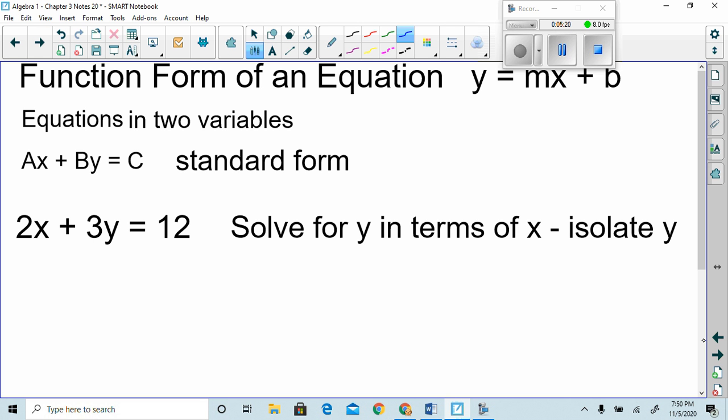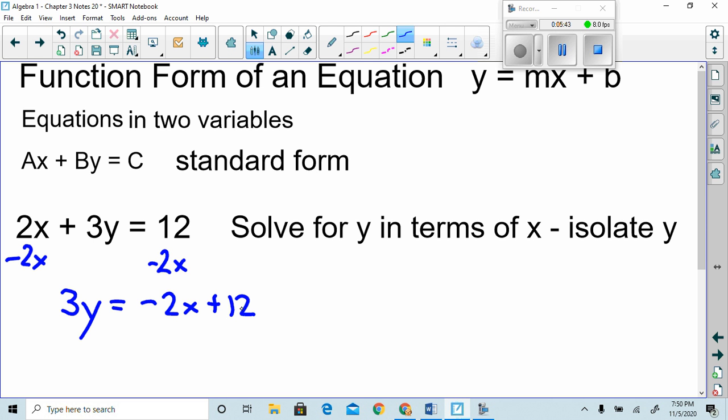So I see I have 2x added onto 3y, so the inverse will be to subtract. If I subtract 2x on the left, I do that on the right. Property of equality. I have 3y is equal to a negative 2x plus 12. Notice the positioning of that transformation.